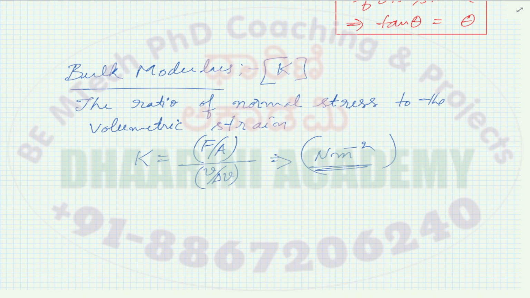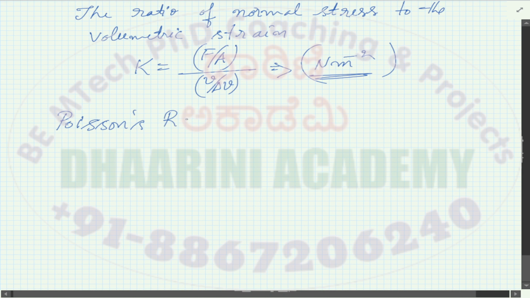So this is called Poisson's ratio, denoted by, say, sigma.